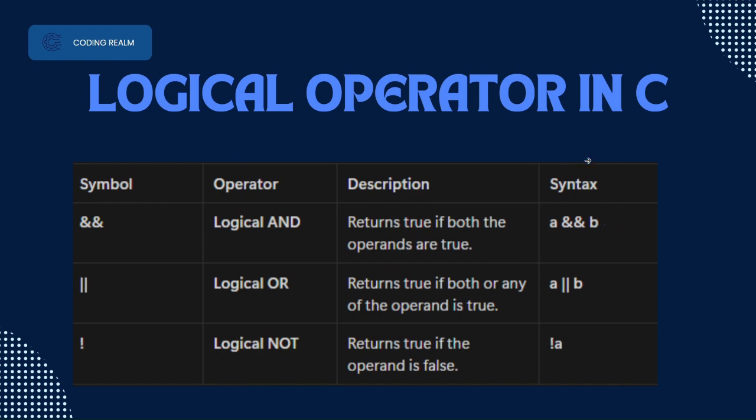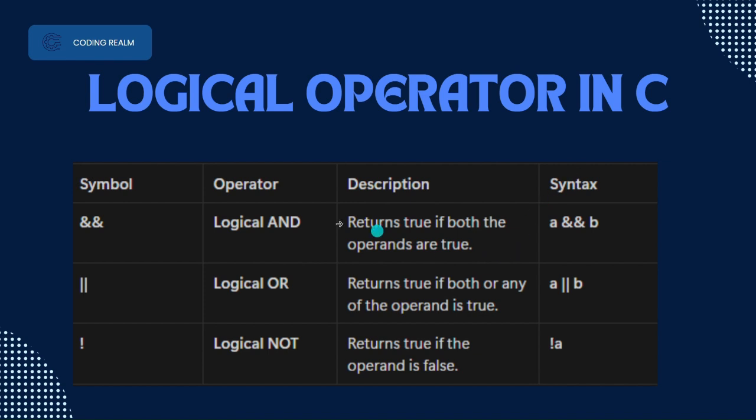Now the logical operators in C. The logical operators are used to combine two or more conditions, or to complement the evaluation of the original condition in consideration.